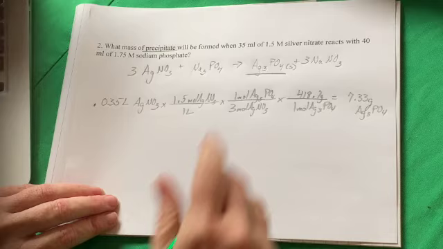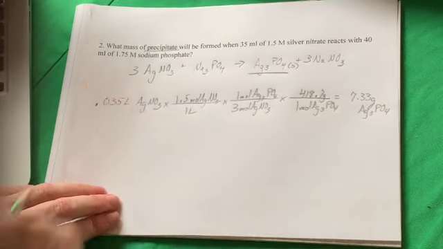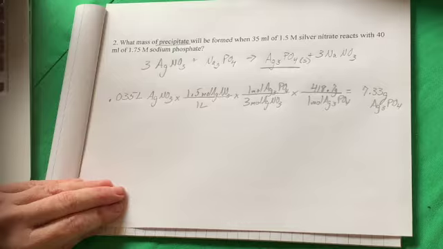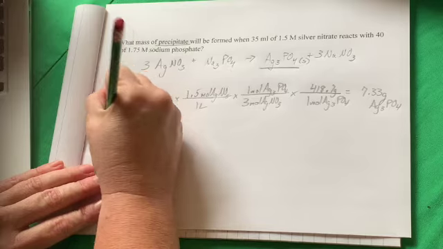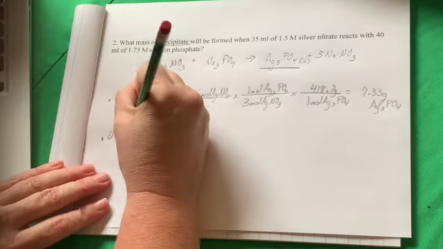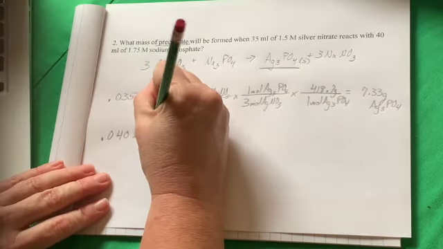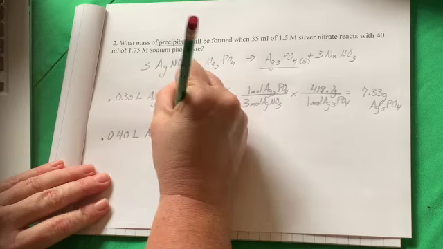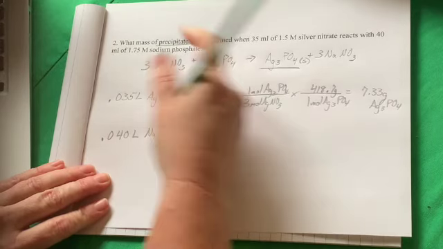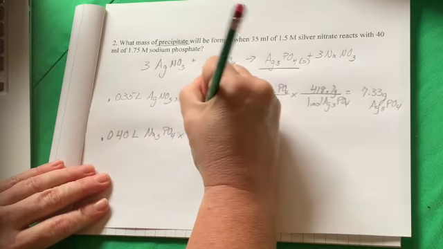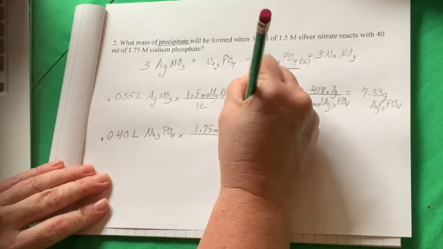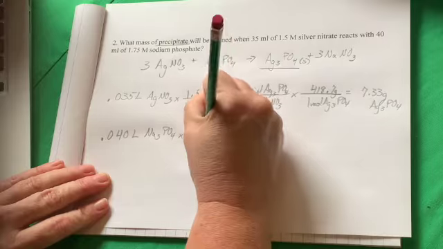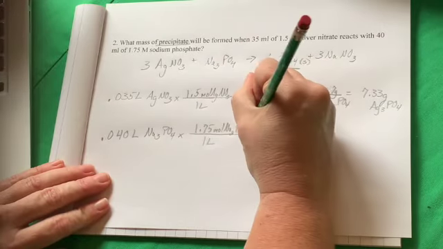Be careful. I also give you an amount of the other reactant, which means this is a limiting reactant problem. So now I'm starting with 40 mils, so 0.040 liters of sodium phosphate. That sodium phosphate has its own molarity. It's 1.75 moles of Na3PO4 for 1 liter. Again, that's what that capital M means.